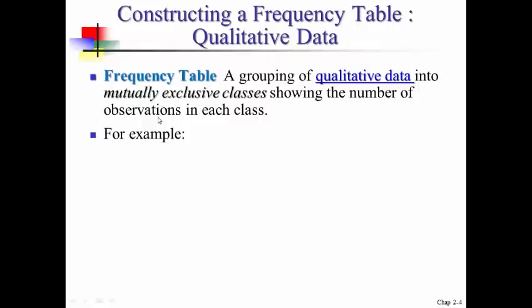I observe a data item. So each student I can call a data item or an observation. So a frequency table is a statistical method that we use to classify qualitative data into mutually exclusive classes or groups, showing the number of observations, the number of data items, in each class or group.